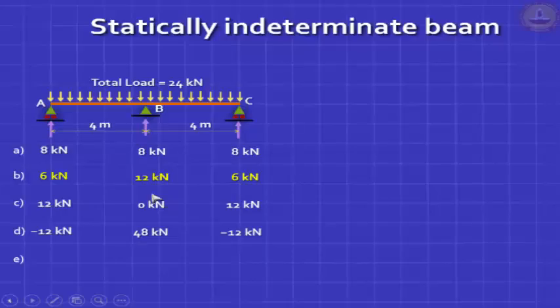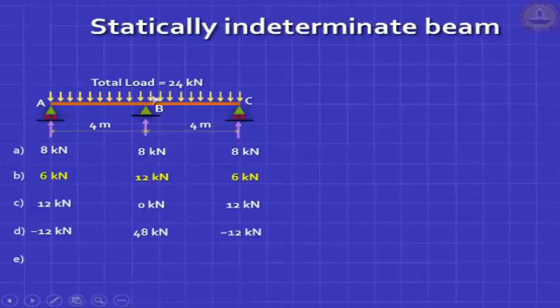Okay, let's look at the middle support. Look at this yellow answer here, 12 kilonewton. At least tell me whether the reaction at B will be greater than 12 or less than 12. Well, two choices only, greater or less. See, we don't know the answer because we know that VA plus VB plus VC must add up to 24.